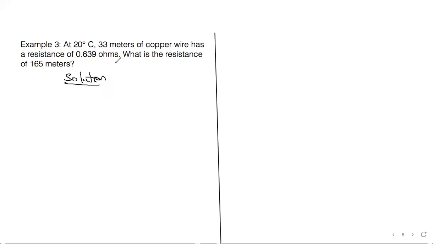Now let's recall the relationship between resistance and length. R is proportional to length, you remember? So the longer the wire, the higher the resistance.